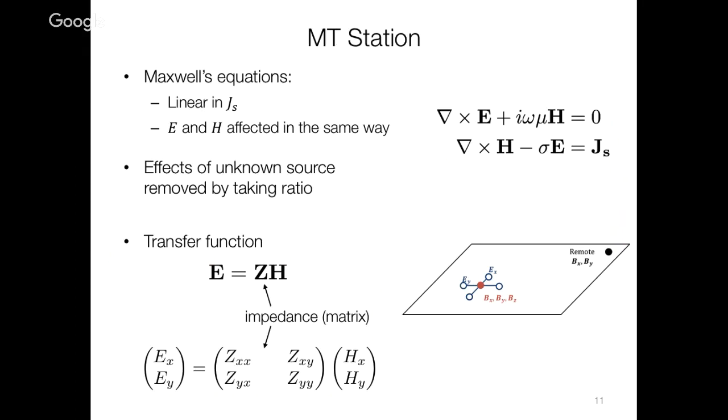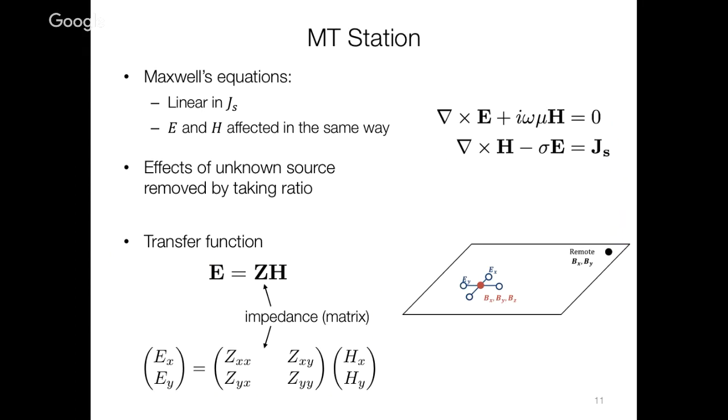So it's just a relationship between the fields. But clearly that relationship involves the electrical conductivity of the Earth. And so the data that are usually used in magnetotellurics are these impedances.